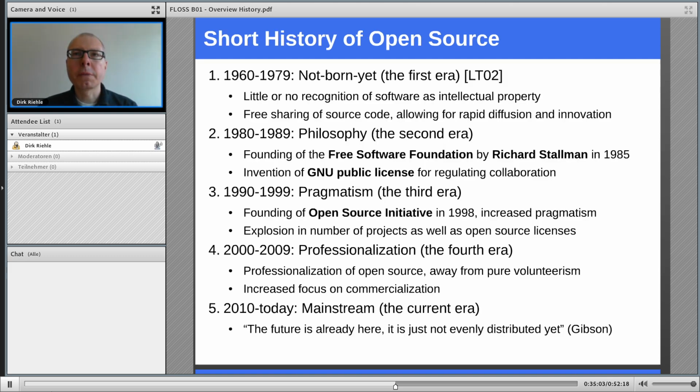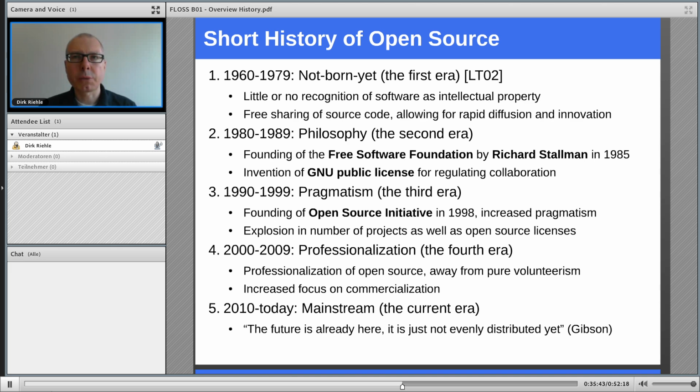All right, so let's look at the history, or a very short abbreviated history of open source after discussing the economic significance, or various aspects of the economic significance, of open source software. So in this short history, we are reminded that computer science and the software industry isn't actually, in comparison, that old. Software only came into its own maybe in the 60s, 70s perhaps.